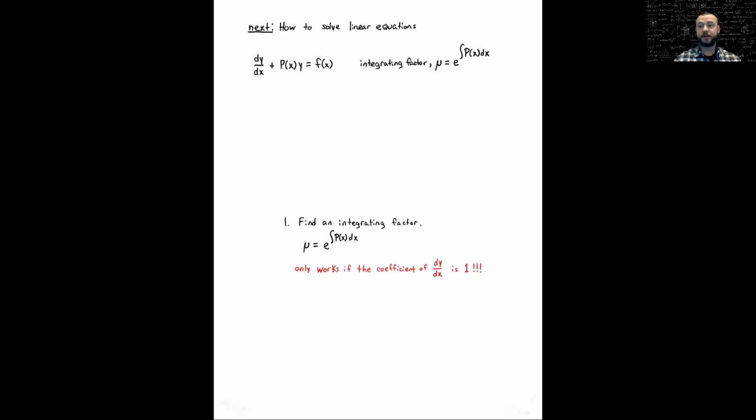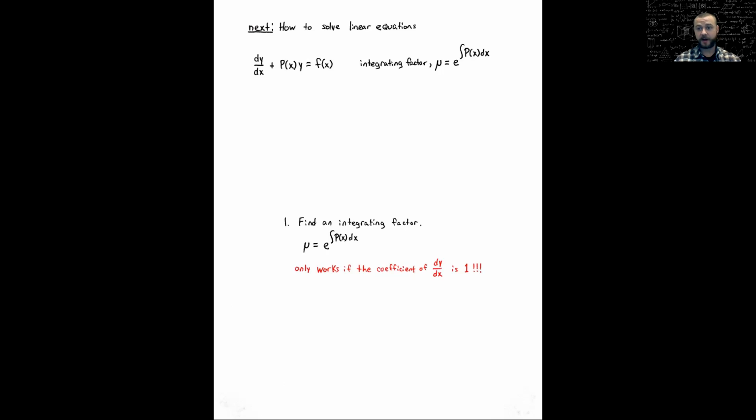All right, and let's point out some steps involved in how we would then solve a linear equation. So step one, we're going to find an integrating factor. Now it's worth pointing out this formula for mu, e raised to the integral of P of x, only works if the coefficient of the derivative term, dy over dx, is 1.